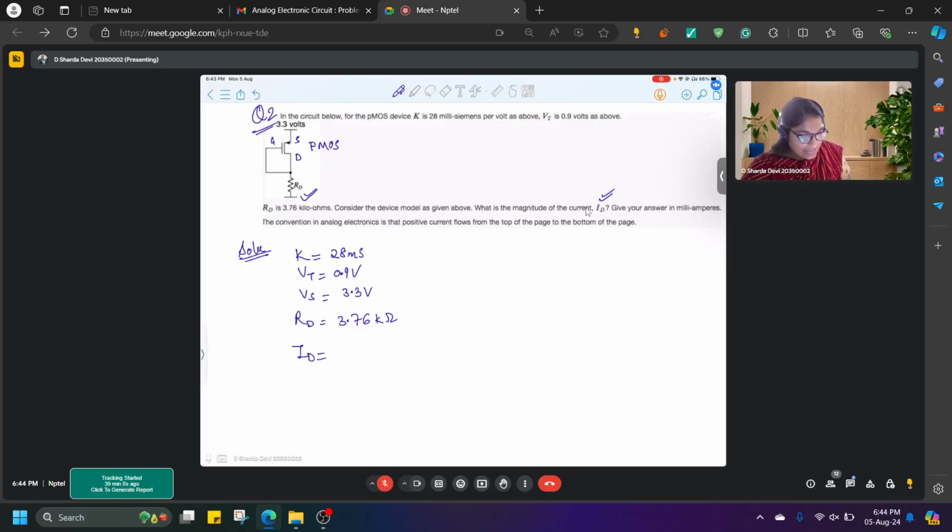So, a similar situation again. Here also the transistor is in saturation. The current will be ID equals K times VSG minus VT whole square.